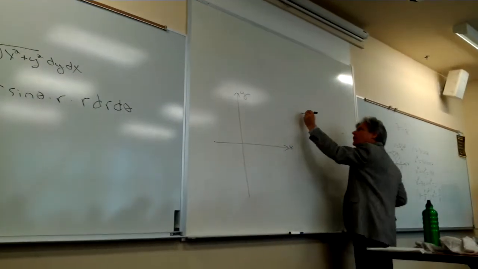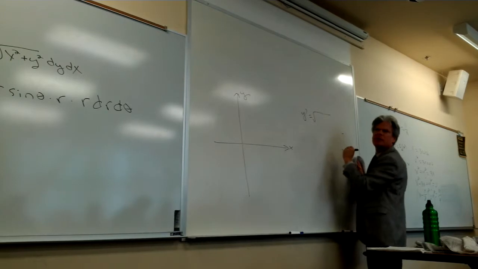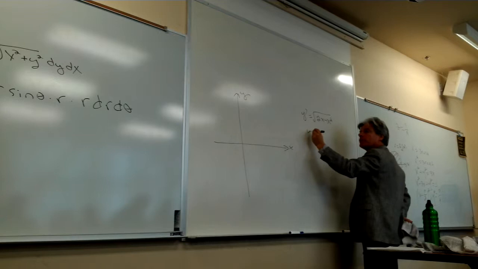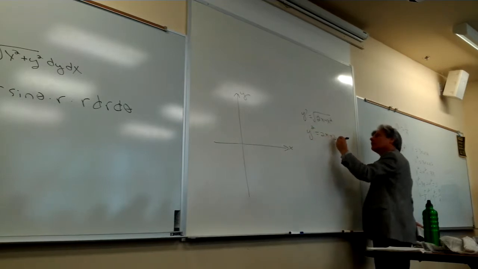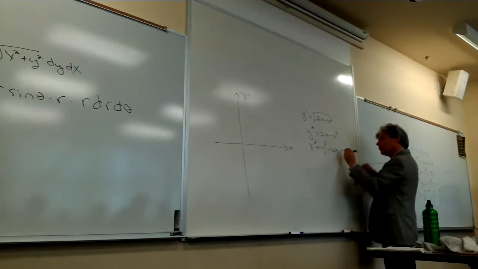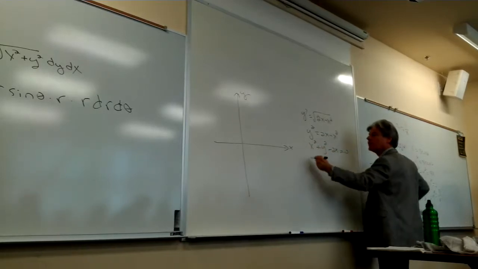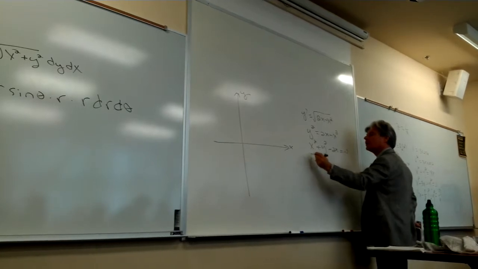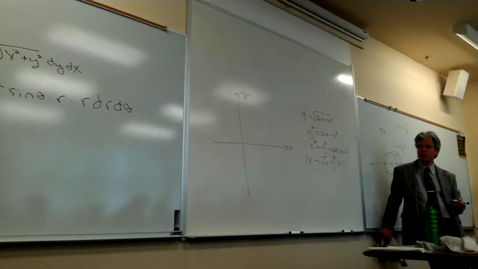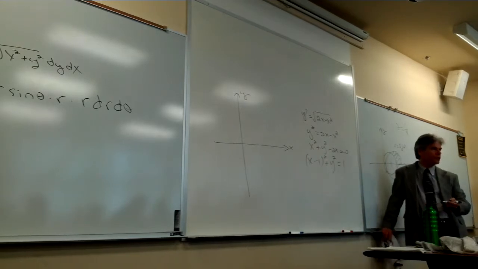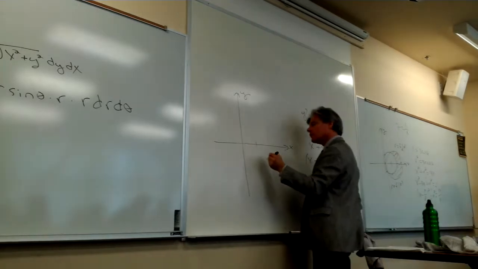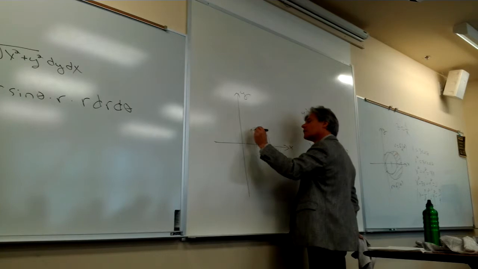If I'm going to talk about the equation y equals the square root of 2x minus x squared, what's that look like? The circle whose center is at positive 1, 0, whose radius is positive 1. I think it looks like this.